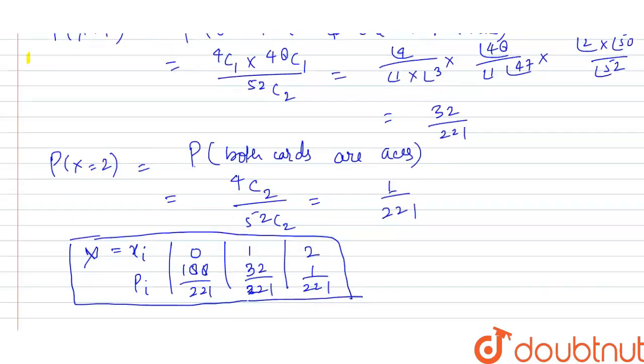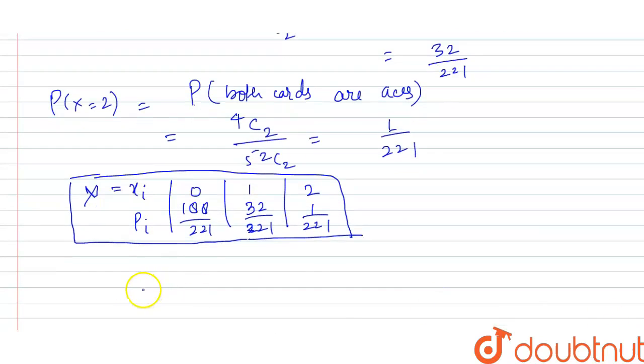Now what we have to find is the mean and the standard deviation. The mean can be written as mu, equal to the summation of xi into pi.